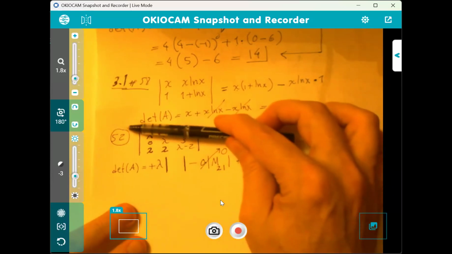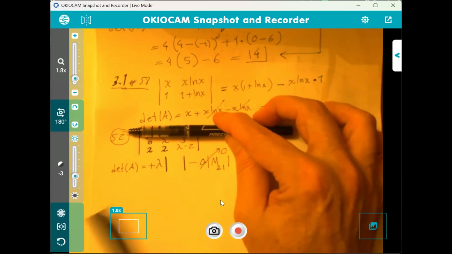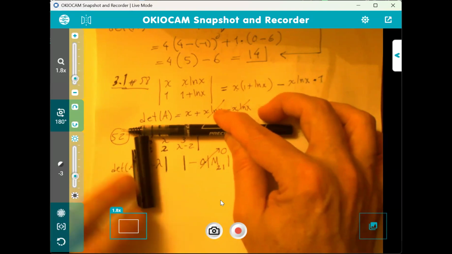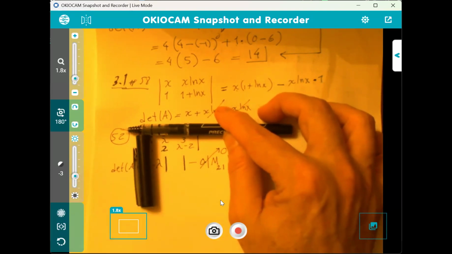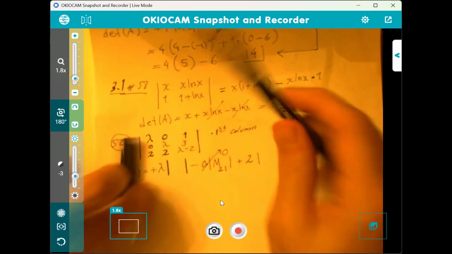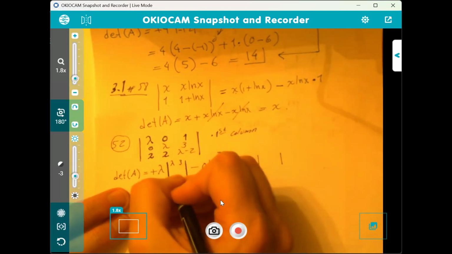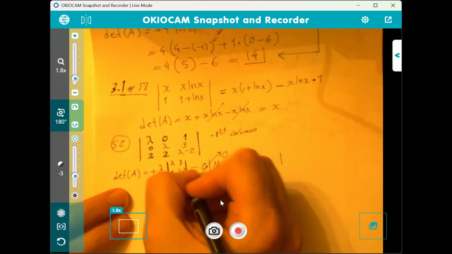So here's the first row gone, and then the first column gone. All that remains, what's left over, are lambda, 3, 2, lambda minus 2. So let's copy those. I'm going to have lambda, 3, 2, and lambda minus 2.